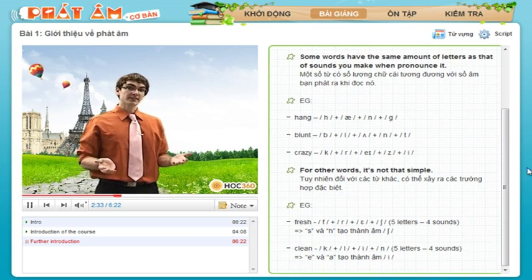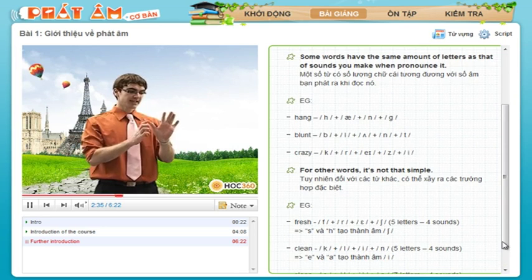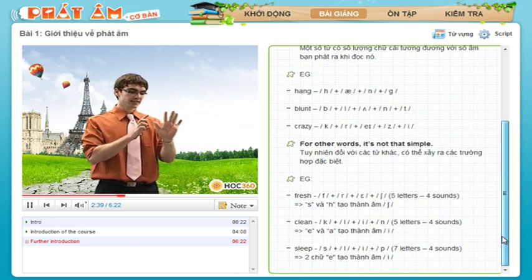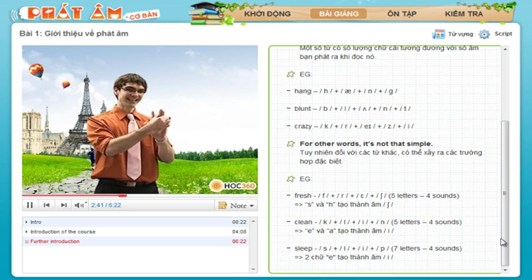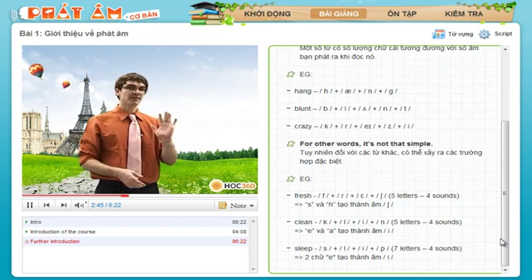Or how about the word sleep, S-L-E-E-P. That's 5 letters, but the 2 E's make one sound together. So 5 letters, 4 sounds.